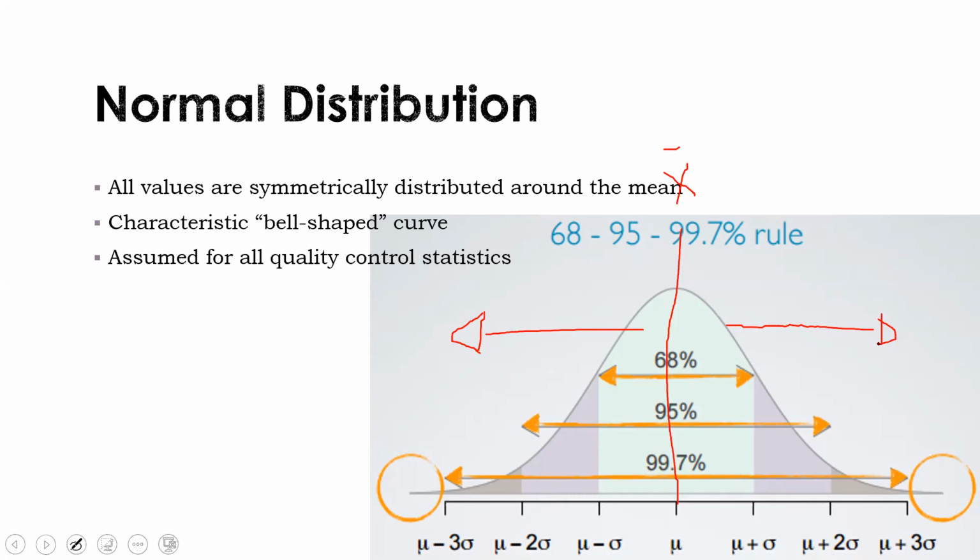Ibig sabihin nito na 68% ng values mo or ng control values mo belong to 1 SD.